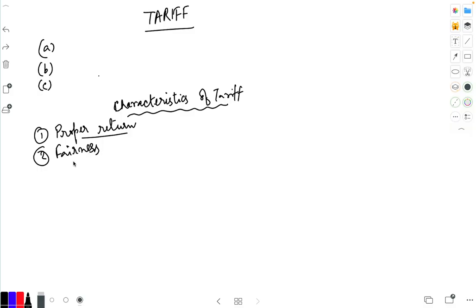Fairness means whatever cost the supply system is imposing on the consumers, that has to be fair enough. That means if the same type of rate is applicable to all types of customers, that is not desirable.